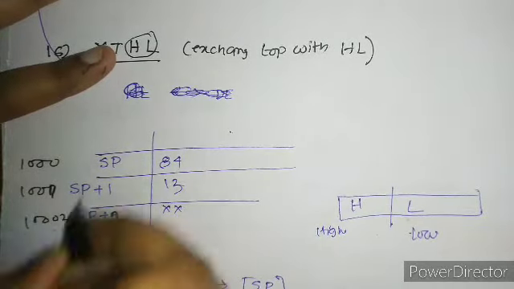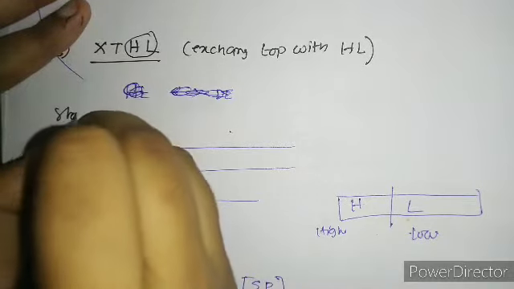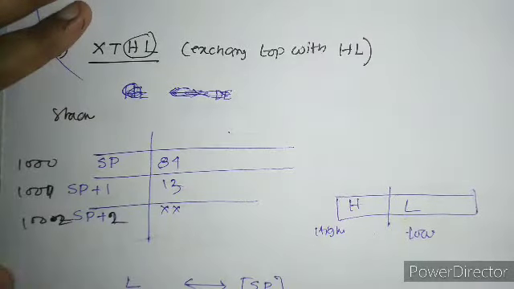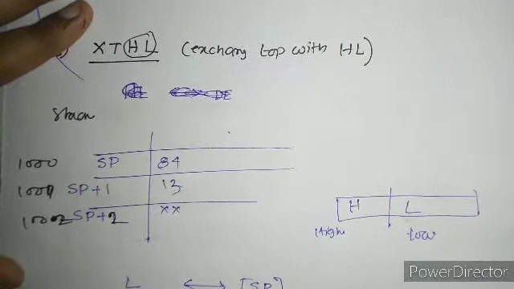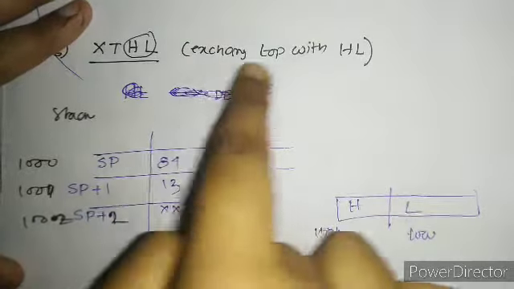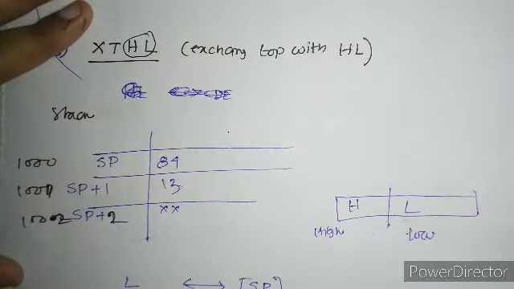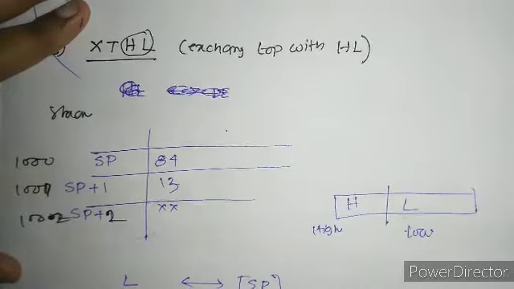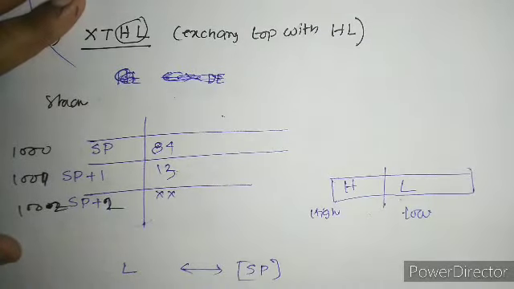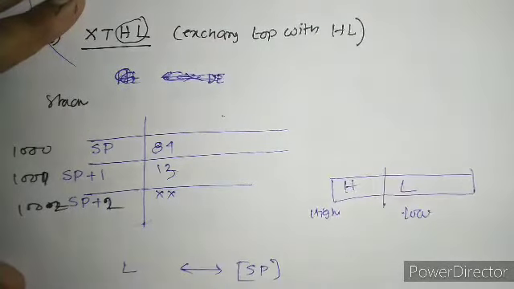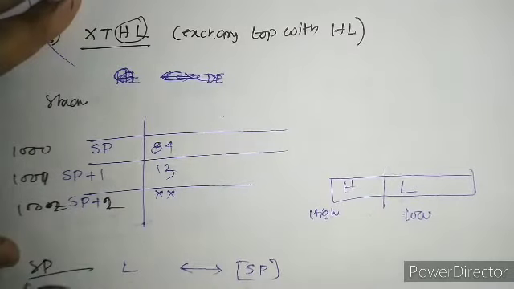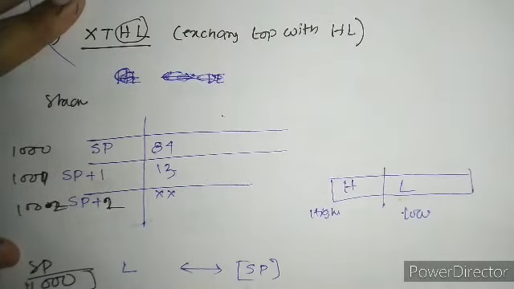Suppose this is the stack. What is it used to do? Exchange top with HL. Remember, SP holds the address. So SP has 10000.